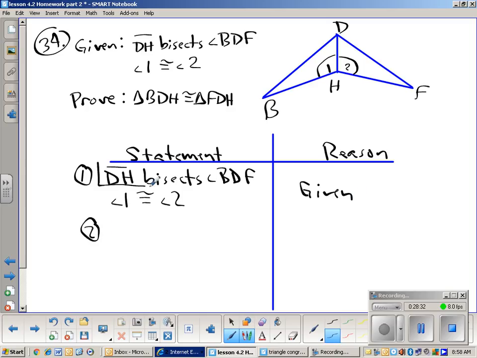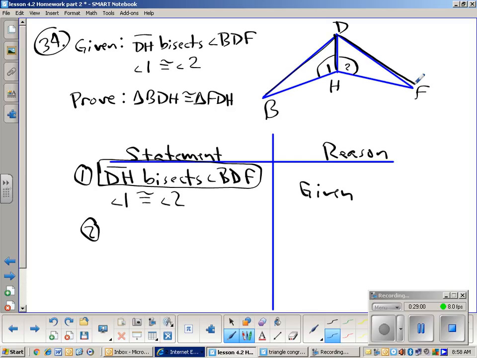So the question is, what does this mean? What's that mean, Dalton? There I boxed in here. Segment DH bisects angle BDF. So if this segment bisects this angle, what does that mean? Why is that important to us? Because those two angles equal that one.